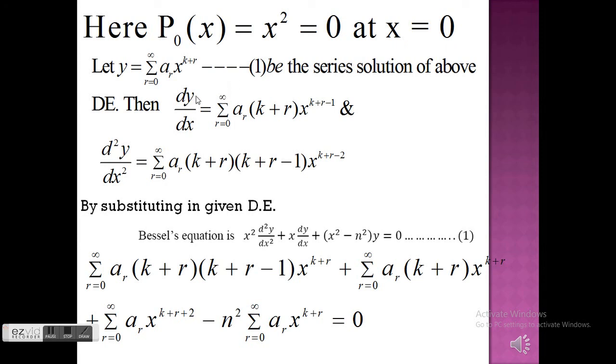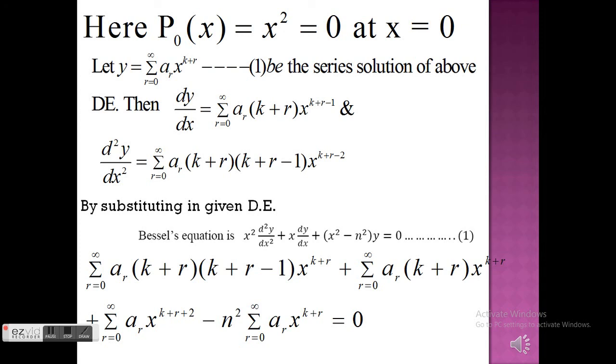Now let us assume the series solution of the given differential equation is y equal to summation r equal to 0 to infinity a r into x to the power k plus r, which is a series solution of the above Bessel's differential equation.